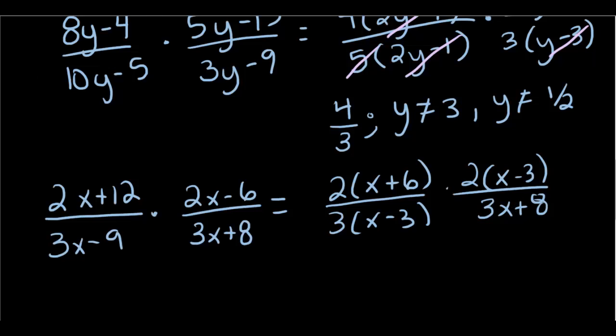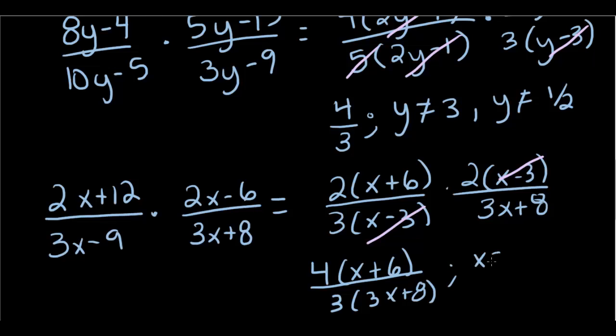So we cancel an x minus 3 with the x minus 3, and that's it. There's really nothing else I can do. So what do I have left? 2 times 2, that is 4, times x plus 6 over 3 times 3x plus 8.